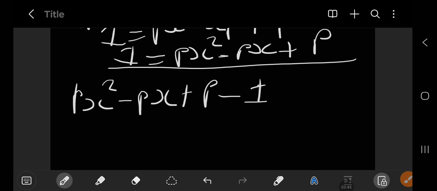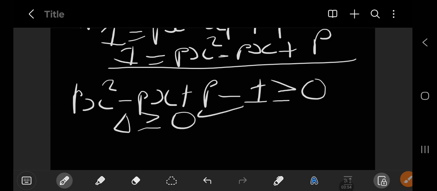So we know that it's greater than or equal to 0. I forgot to say that my discriminant must be greater than or equal to 0, because then I get a mark there. Then b squared minus 4ac must be greater than or equal to 0, and we're just going to substitute whatever we have.